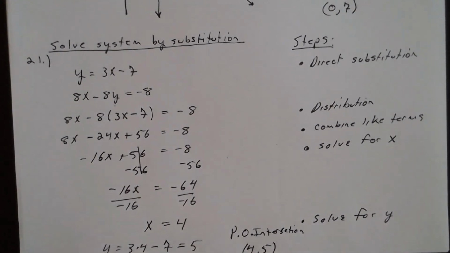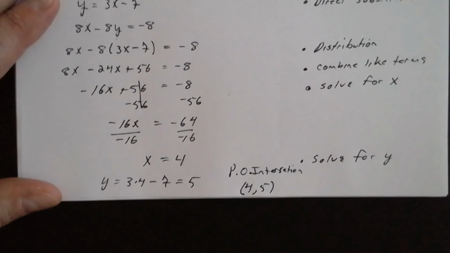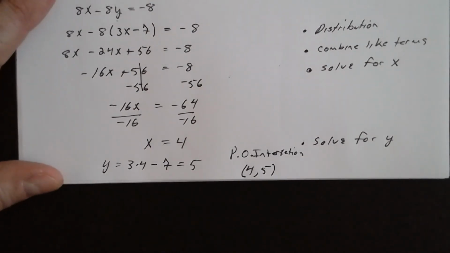Okay, so the point of intersection occurs at 4 and positive 5. And that would be the final answer.